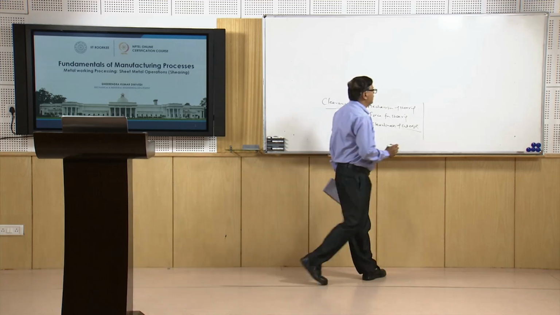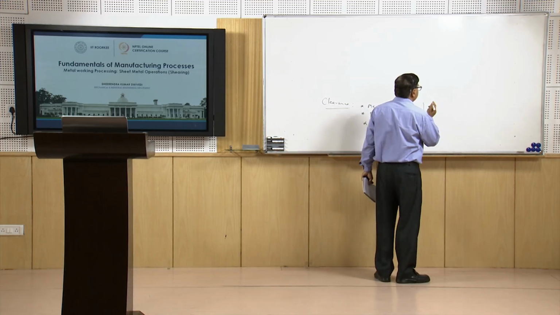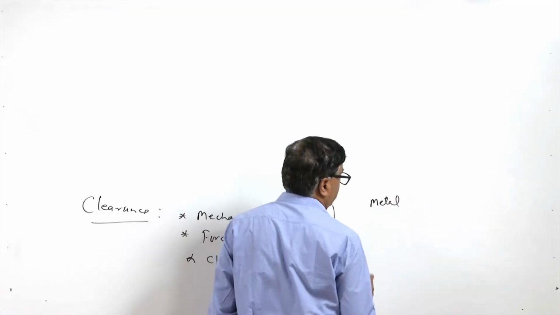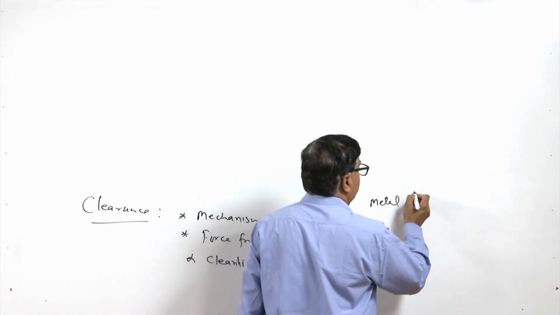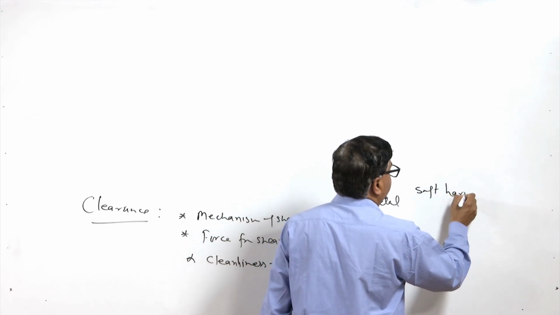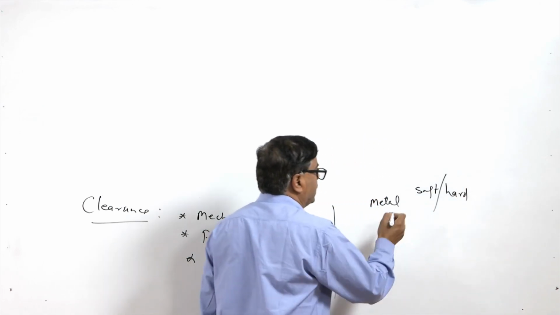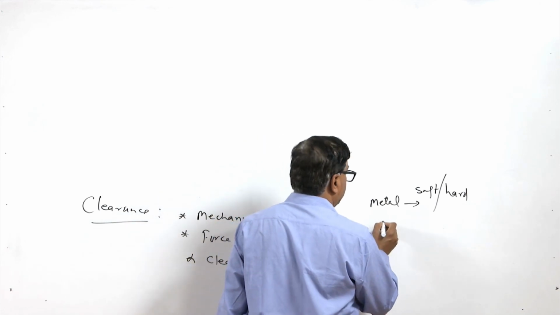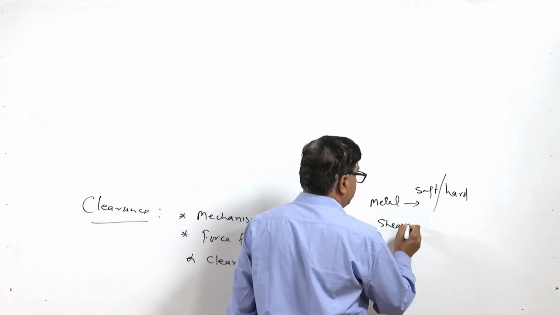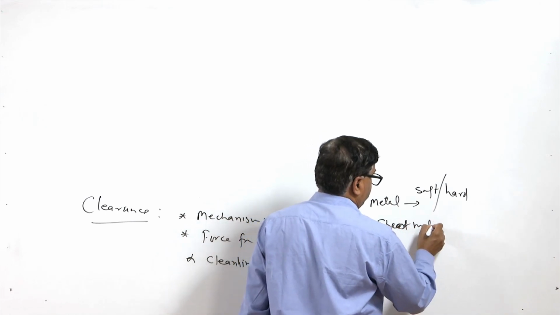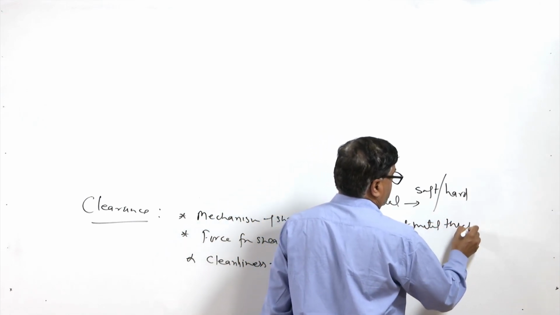So, clearance is suitably selected depending upon the sheet metal, depending upon the metal which is to be processed, like whether it is soft or hard. This is one, and it also depends upon the sheet metal thickness.